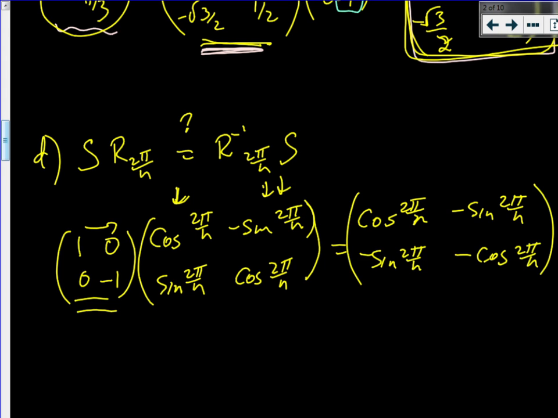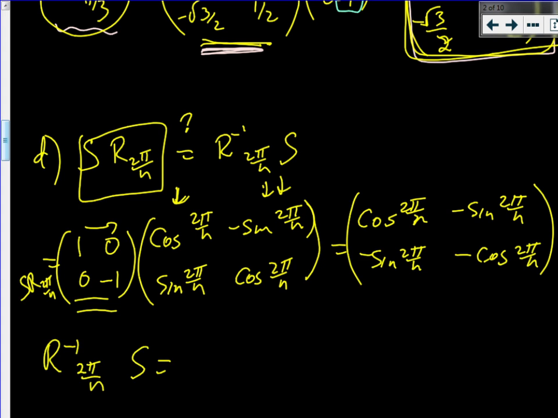So that's the answer to S R 2 pi over n equals. We just did this. Now let us try this one, R inverse of 2 pi over n times S. Well, if you rotate 2 pi over n in one direction, to undo it, you rotate the same amount in the other direction.